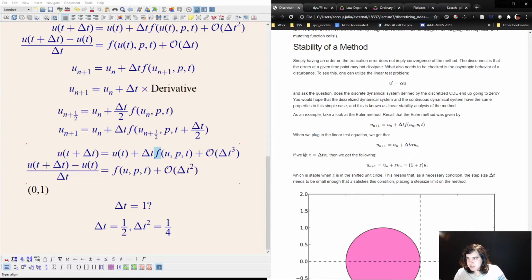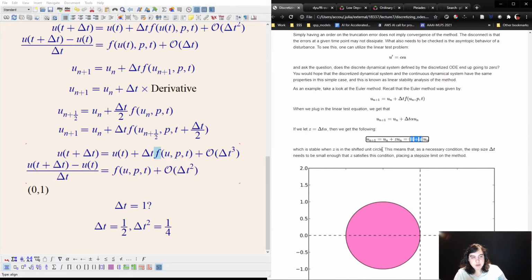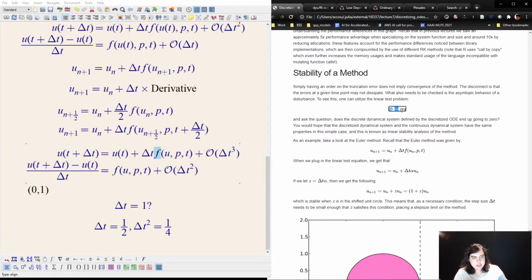So now let's let z = Δt·α. We'll find out why we define that in a second. And so we get the following: u_{n+1} = u_n + z·u_n, which equals (1 + z)·u_n, right? Now this is a discrete dynamical system. This is a linear ODE.